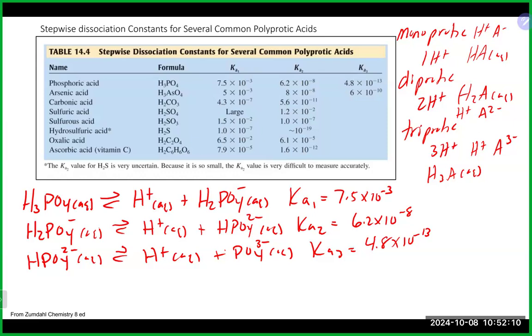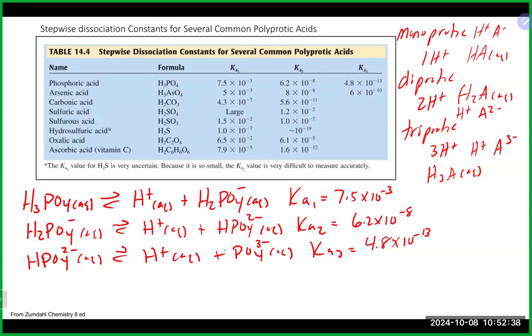Less and less H plus comes off each time because it's much harder to do so. That is typically what we see in the Ka values as we go from Ka1 to Ka2 to Ka3. We see a decrease, which means it's basically staying together, not a lot of it is coming apart, and we're not producing a lot of H plus. Questions on that?